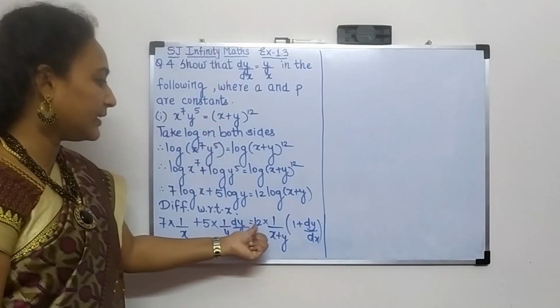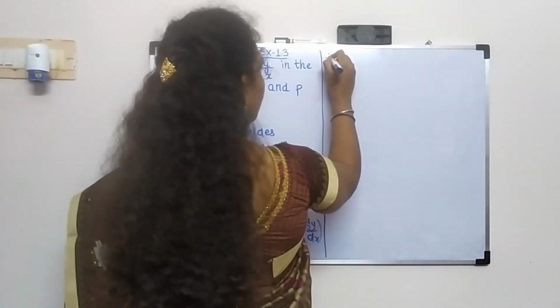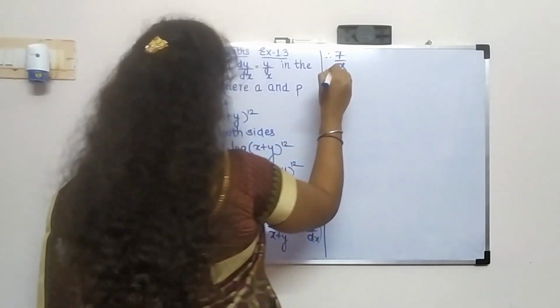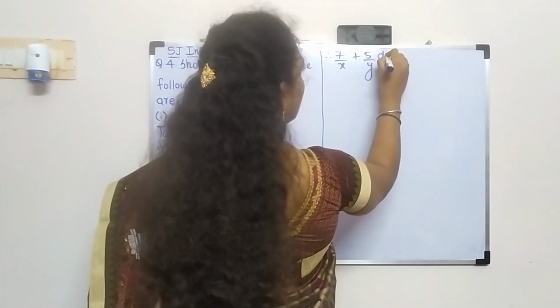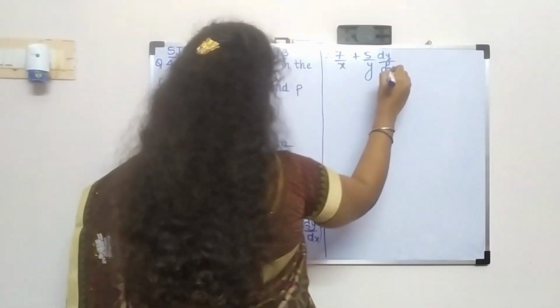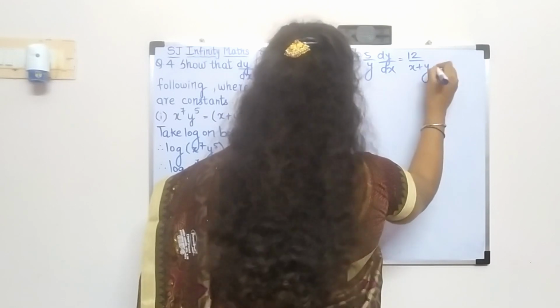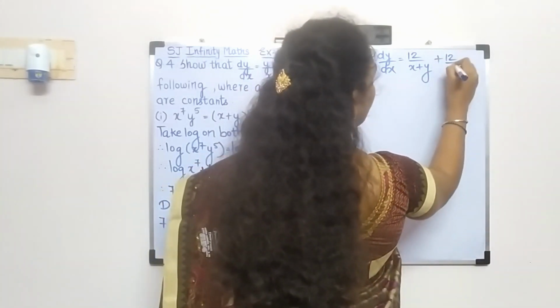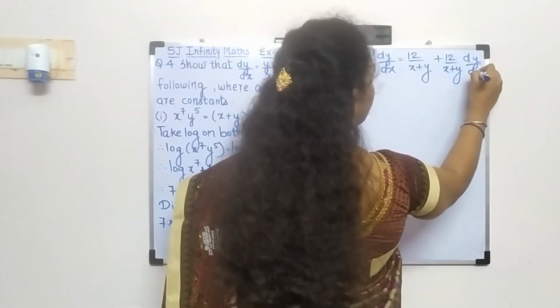Now let us multiply this 12 upon x plus y inside the bracket. Therefore we have 7 upon x plus 5 upon y dy by dx is equal to 12 upon x plus y plus 12 upon x plus y dy by dx.